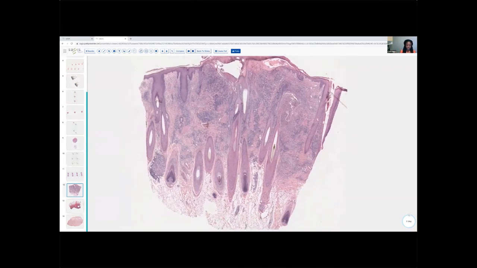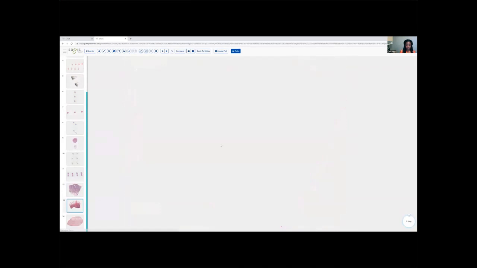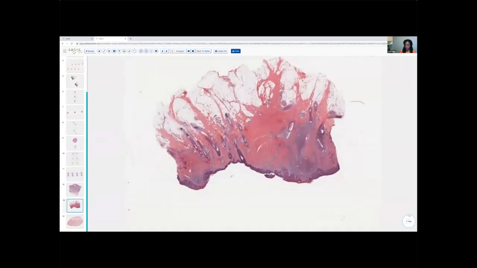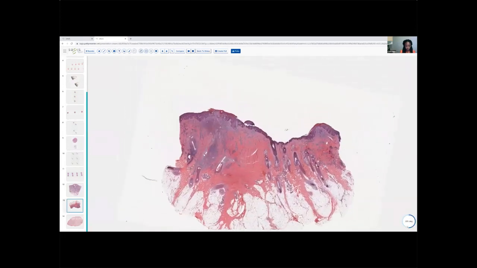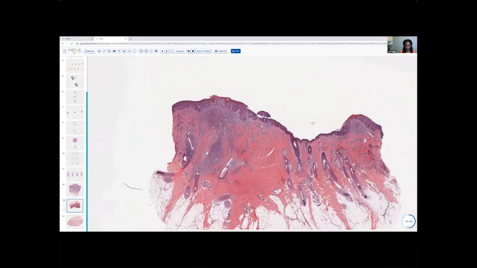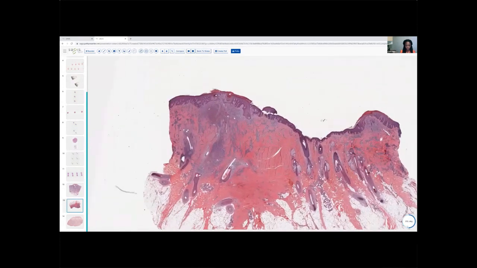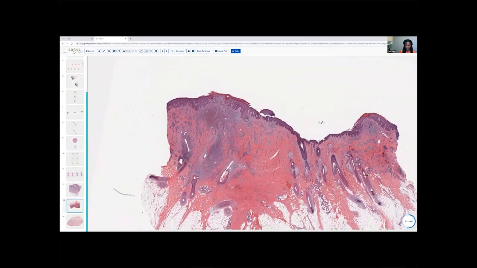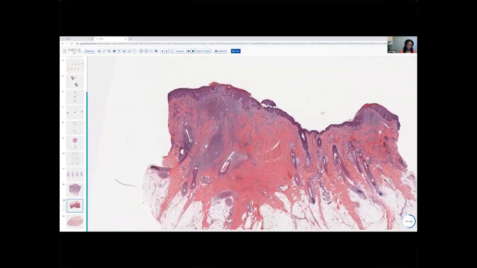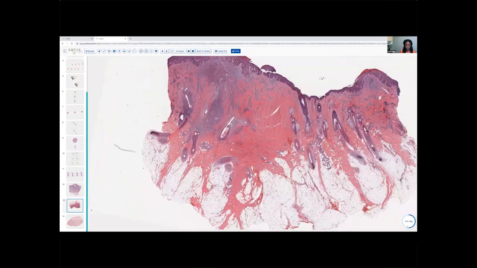So let's contrast it with this other condition where we can certainly have a very robust inflammation as well. We're seeing this zone of inflammation that extends from what would be the infundibular zone into the isthmus. But again, it doesn't all that much bother with the deep subq. It's very much dermis to upper dermis, although sometimes it can be deeper.